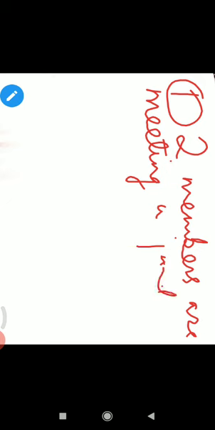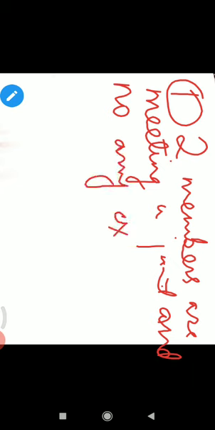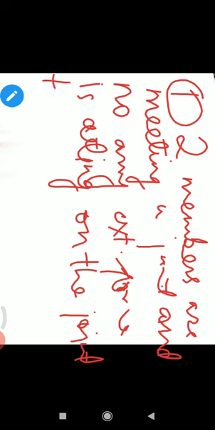Rule 1 says that in any truss, if two members are meeting at a joint and no external force is acting on the joint, then the two members are zero force members.